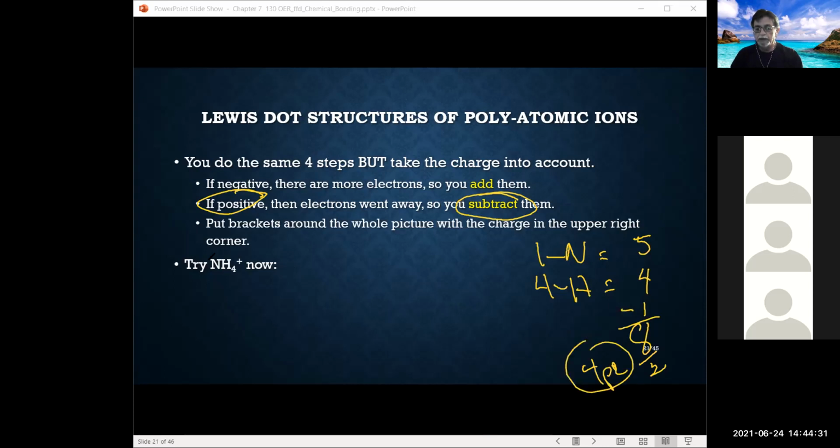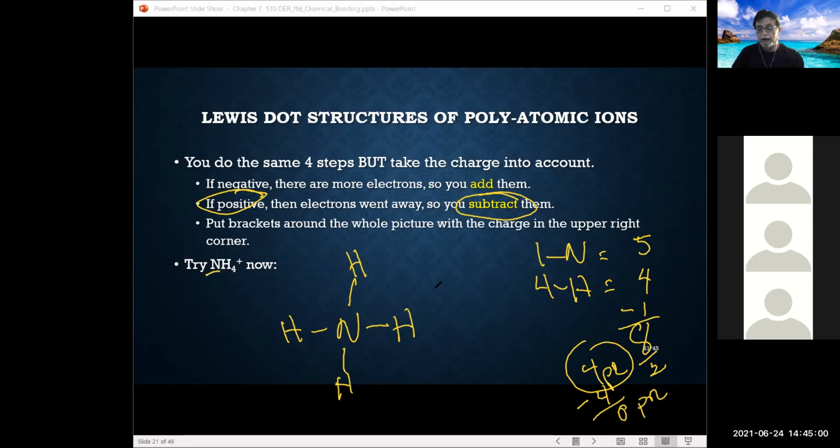Nitrogen is the central atom, so we do no different than we've done before. We got nitrogen, and there's 4 hydrogens, so we can very quickly put in 4 hydrogens. Now keep track of your pairs. I got 4 pair around nitrogen. That took care of my pairs. I got no more hydrogens to put on.